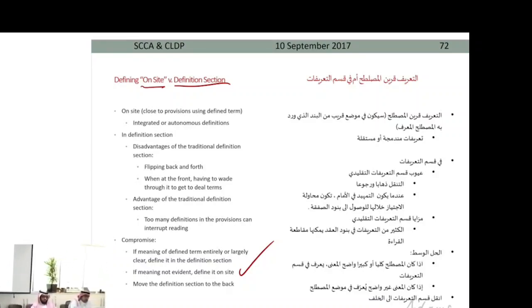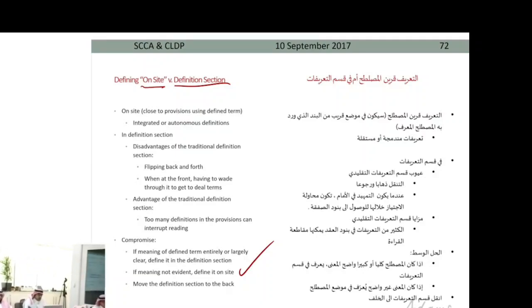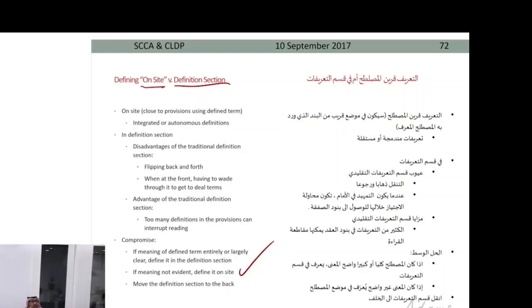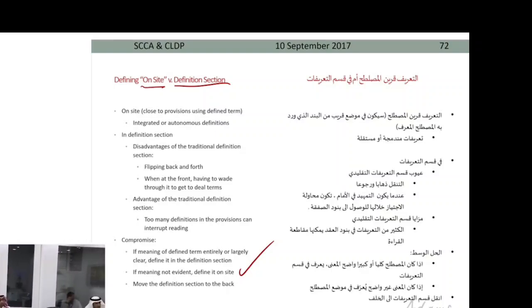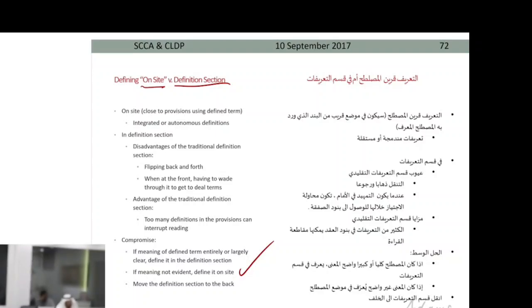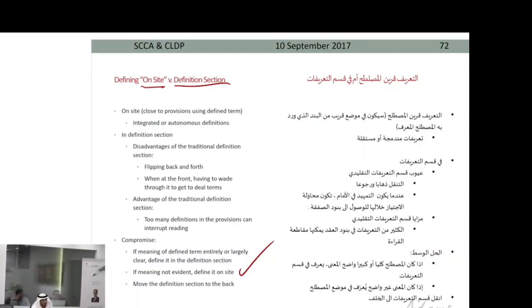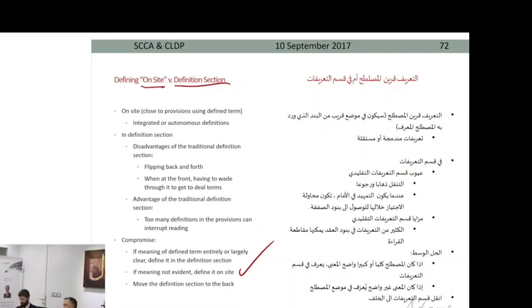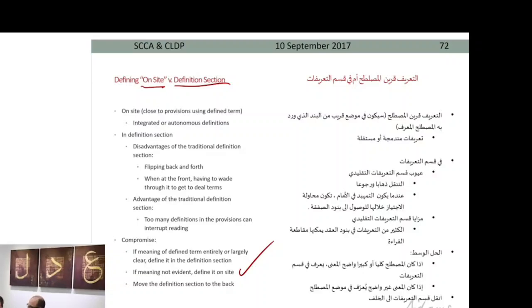The result is that in longer contracts, I can have a definition section at the back, and then I might have what are in effect mini definition sections on site, where for a particular section I say, here are some defined terms that the reader is going to need to know the meaning of to read this section. And it so happens that it makes sense for me to define them as autonomous definitions. So I put these little groups of autonomous definitions on site.